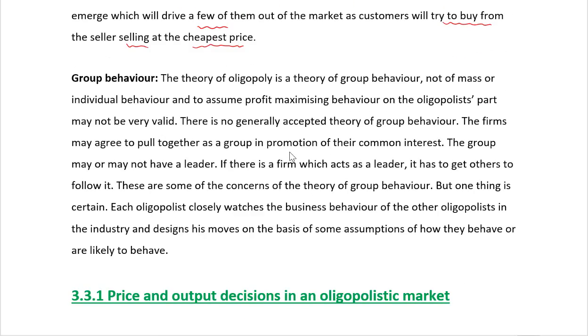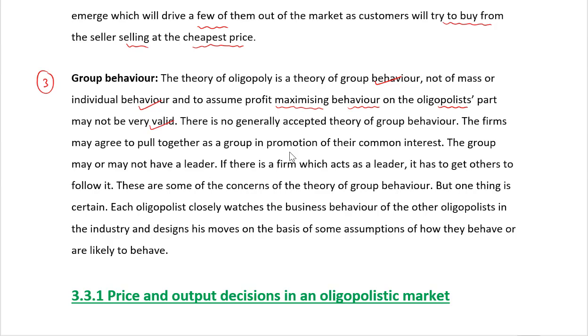Third is group behavior. Oligopoly relates to group behavior, not to the mass of individual behavior. The theory of oligopoly is the theory of group behavior, and the assumption of profit maximization behavior on the oligopolist's part may not be very valid. There is no generally accepted theory of group behavior. The firms may agree to pull together as a group in promoting other common interests.